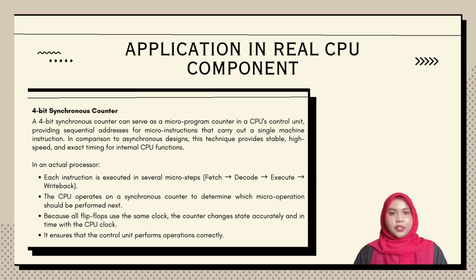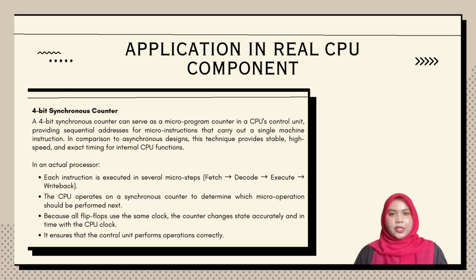For the 4-bit synchronous counter, it can serve as a microprogram counter in a CPU's control unit, providing sequential addresses for microinstructions that carry out a single machine instruction. In comparison to asynchronous design, this technique provides stable, high speed, and exact timing for internal CPU functions.